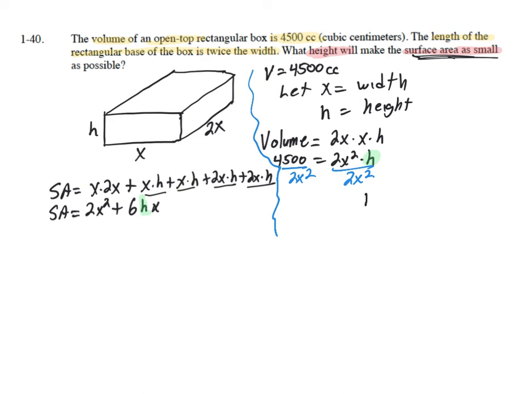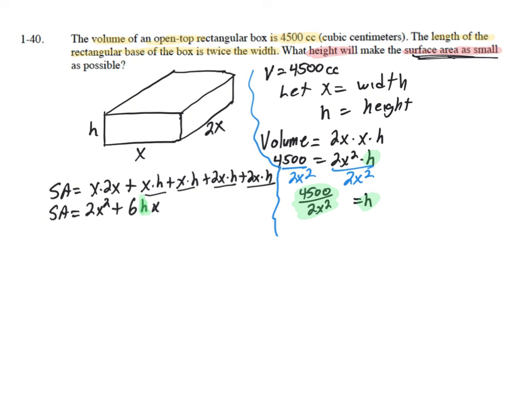And h equals 4,500 divided by 2x squared. And that is going to go in for h.